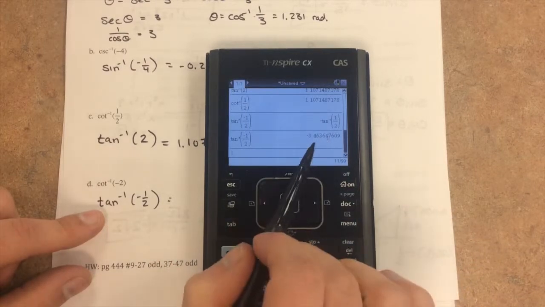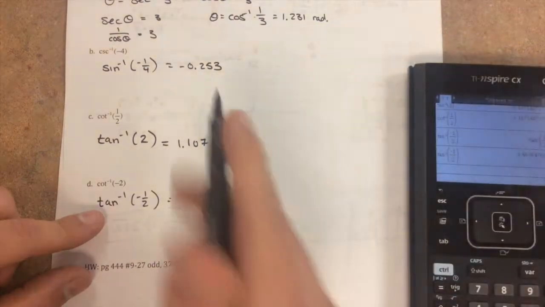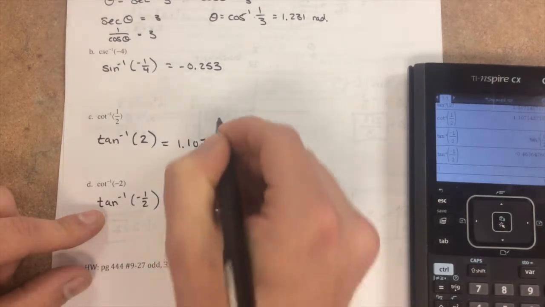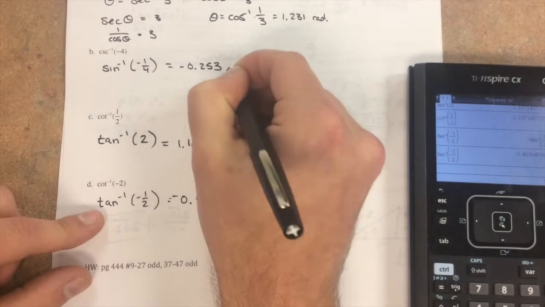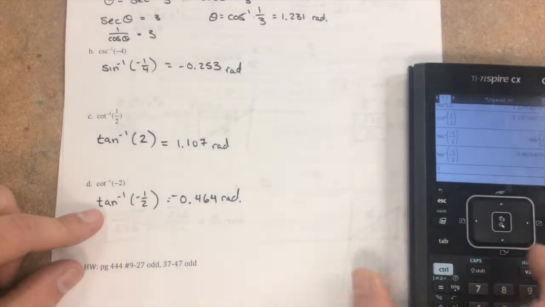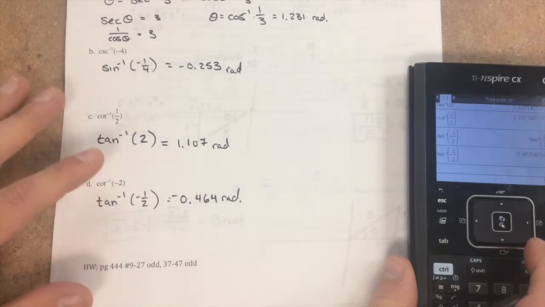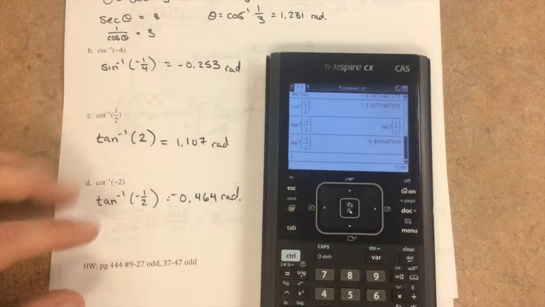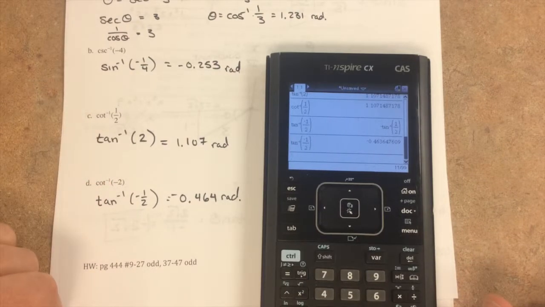So -0.463, -0.464. These are all in radians. Make sure that we're answering the question with whatever unit we want, either degrees or radians. For the most part, we've been working in radians, which has seemed to be working out fine for us.